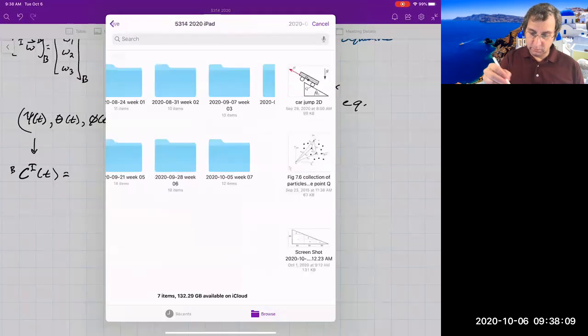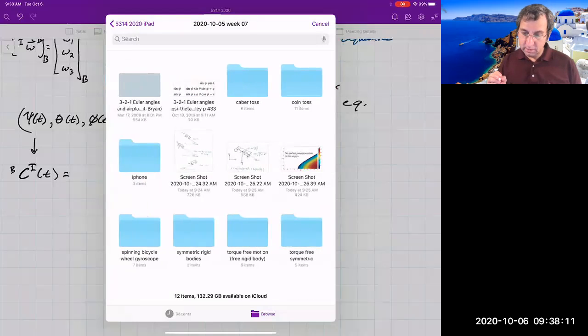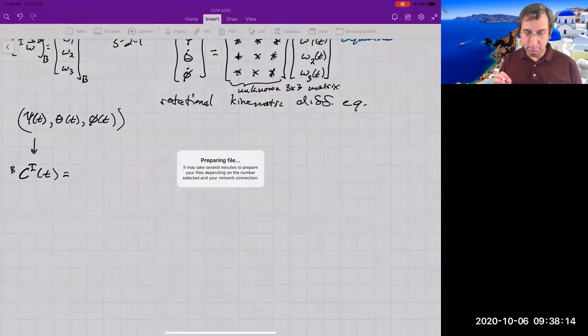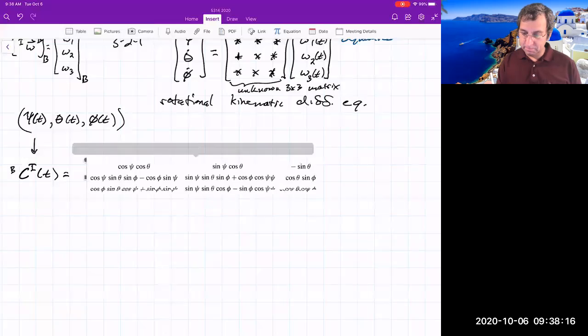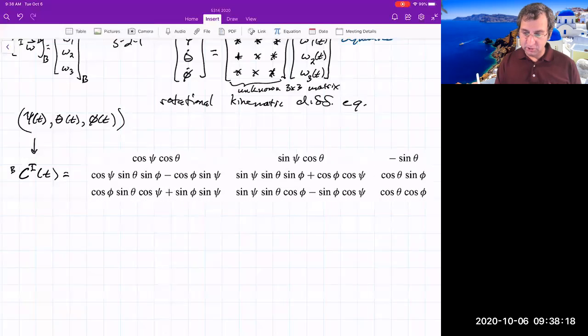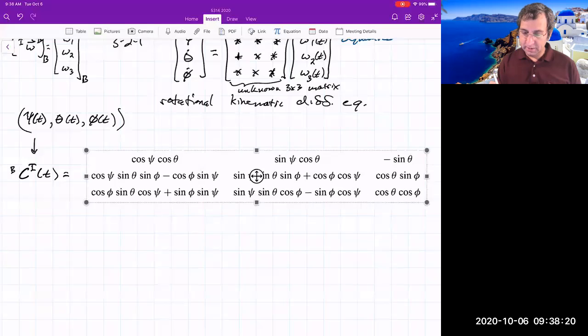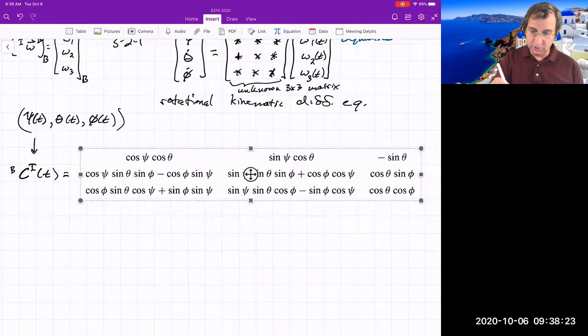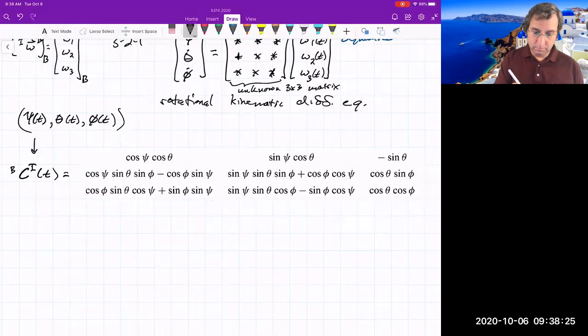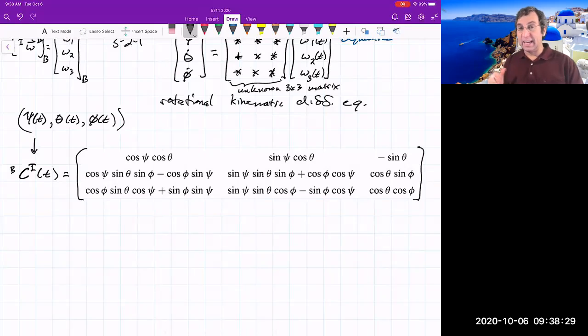Where are we? We're in week 7. There we go. Yeah, this is it. This is the 3x3 matrix using the yaw, pitch, and roll Euler angles. Whatever your instantaneous Euler angles are, you would put them in here, evaluate these sines and cosines, and this matrix relates the body fixed frame to the inertial frame. So it tells you the orientation.